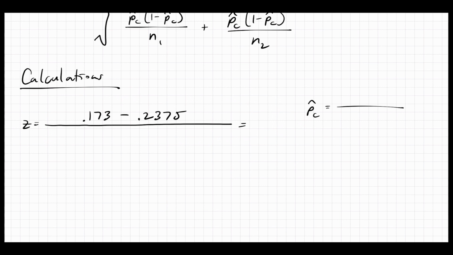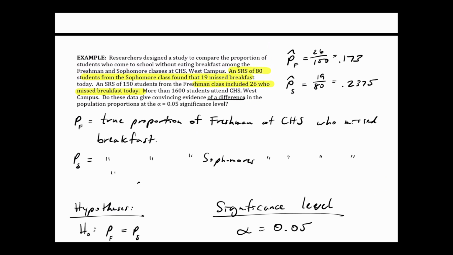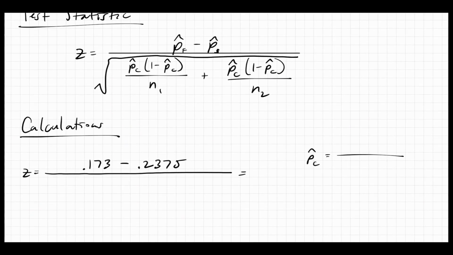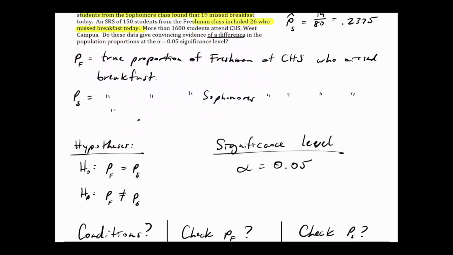I take the top number from the first sample, which was 26. So 26 plus 19 on top. And on the bottom, I add the totals, the n's: 150 plus 80.